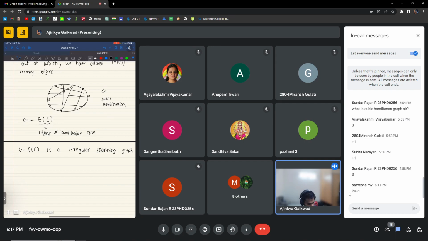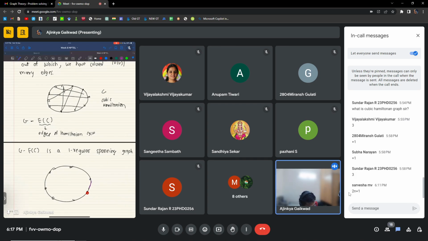So the cycle would look something like this. If you take a fixed vertex, let's take the red vertex, it is adjacent to two edges, this purple edge and this purple edge. So every vertex is adjacent to two edges in the Hamiltonian cycle.